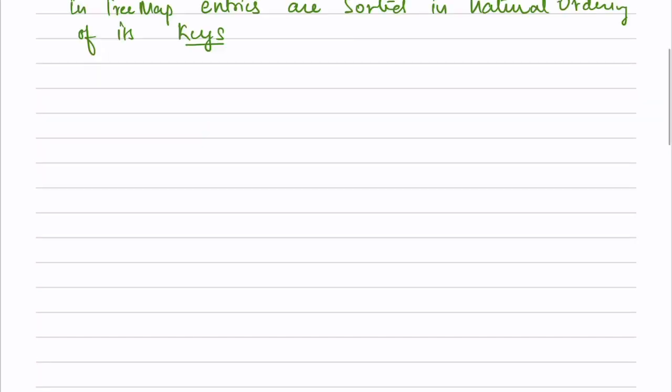So whatever keys and values you put, TreeMap will always put them into a sorted form, natural ordered sorted form, and that will be based on keys, not value.